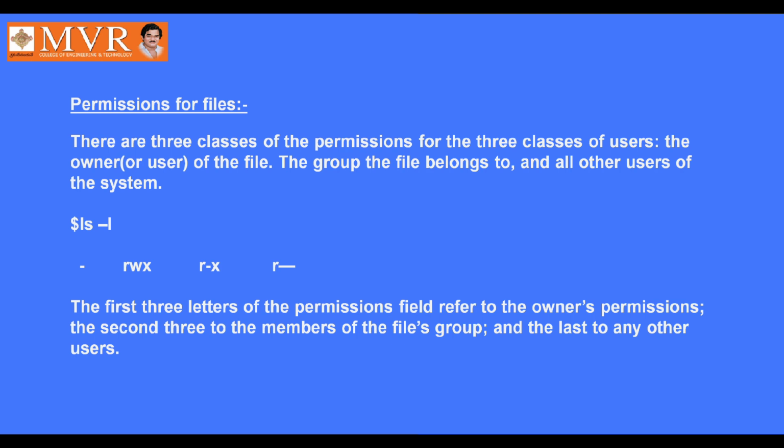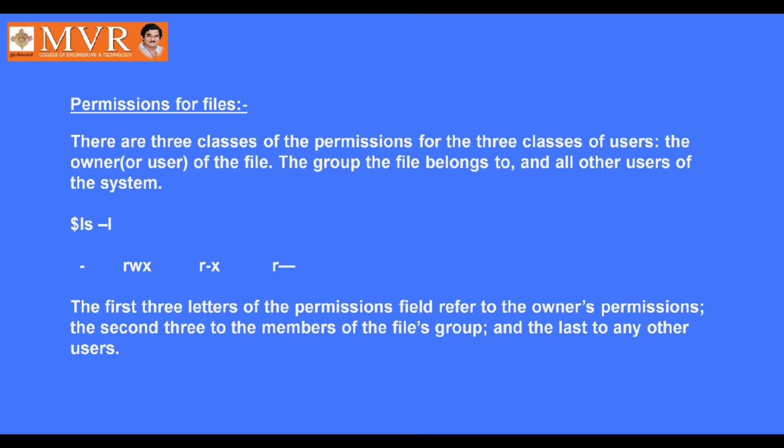The person who creates that file will become the user of that file. The next 3 characters will give us the indication of what permissions are available for the group to which the owner belongs. And the last 3 characters will give us the idea about the permissions which others have to access the file. So these 9 characters are very important.